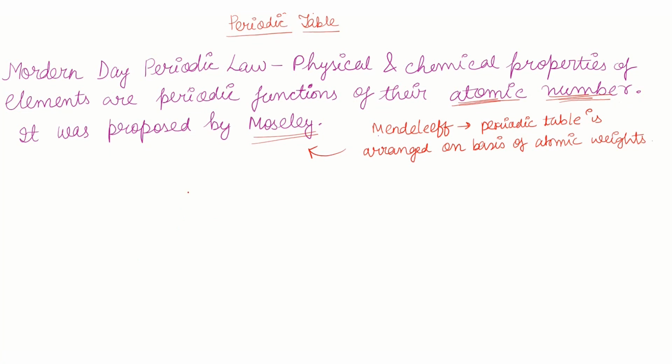Okay, now let us revise this part once. If we consider an element, suppose X, so this is an example where the mass number is going to be 12 and atomic number is 6.